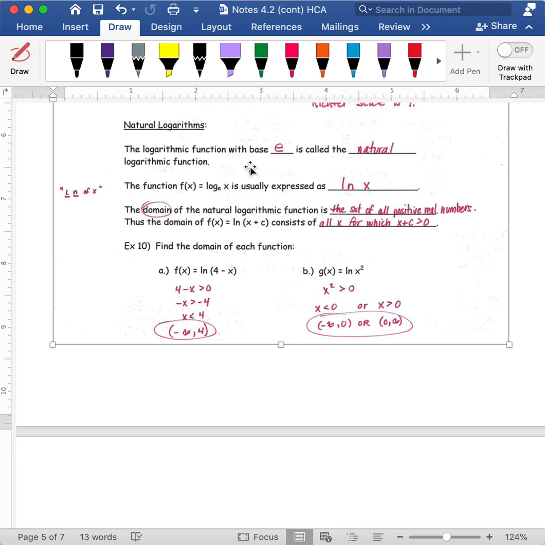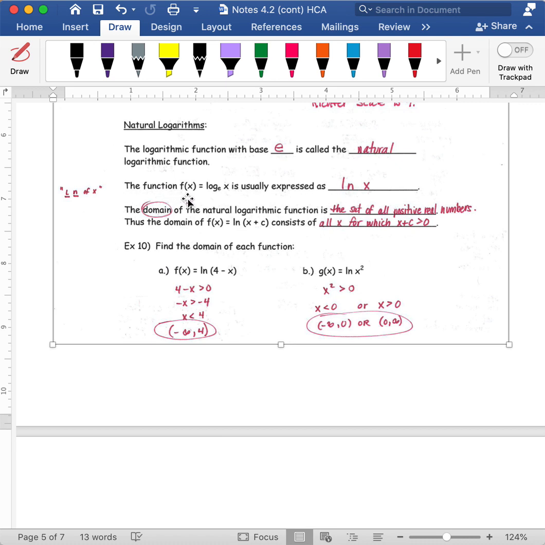Sometimes college professors, teachers will refer to the logarithmic function with base e as the natural log function, or sometimes they'll say ln of x, okay? So that's how we write it right here, ln x. This ln is a logarithm with a natural base.